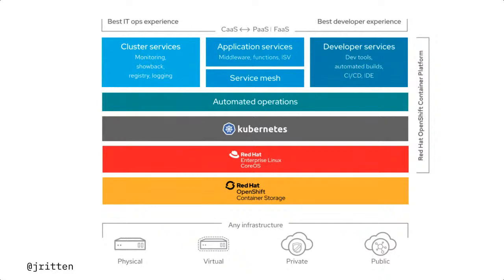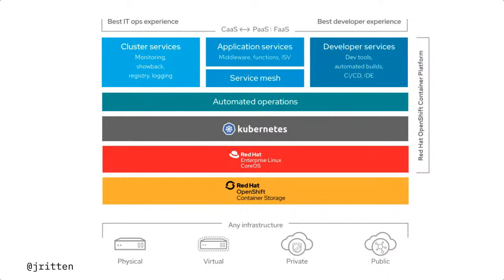We have our Red Hat OpenShift container storage. We have our Red Hat Enterprise Linux core operating system. We have Kubernetes running on top of that. We have our automated operations. And then at the very top here, we have our cluster services, such as monitoring, showback, registry, logging.